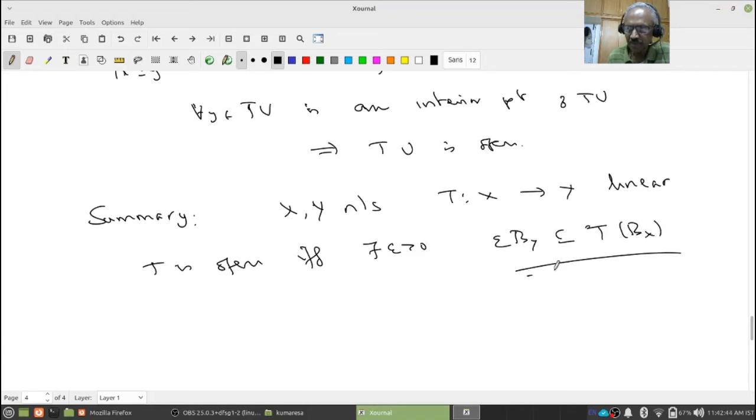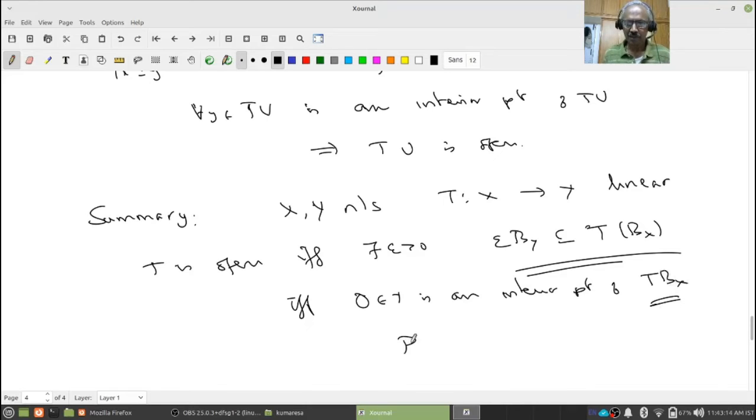You see that? We don't have to work with any open set U and check that T(U) is open. We reduce it to something about T(B_X). That is also what you have to show: 0 is an interior point of T(B_X). That is, T is open if and only if 0 in Y is an interior point of T(B_X).